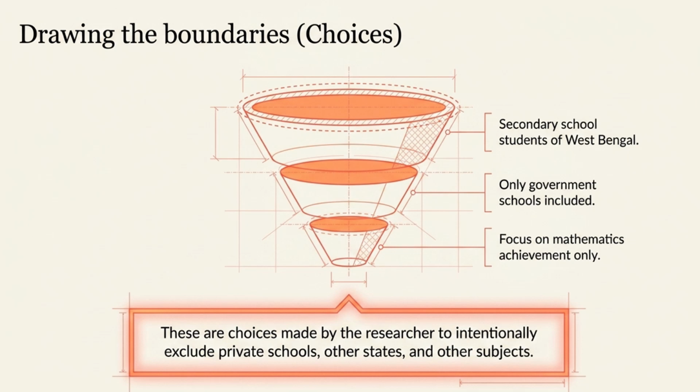These are deliberate choices made by the researcher based on the objective and scope of the study. The researcher has intentionally excluded private school students, other districts or states, and other academic subjects. Therefore, all these decisions are examples of delimitation of the study.